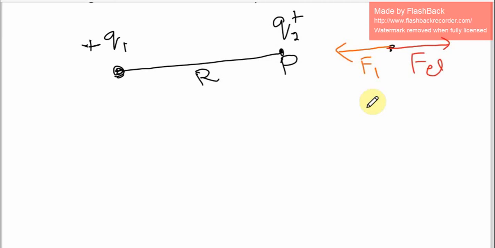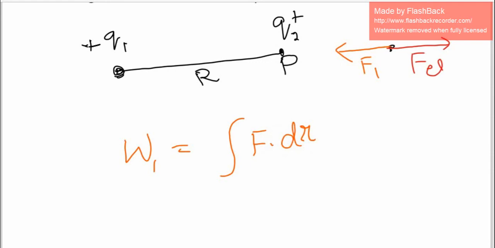Now the work I do is calculated by an integral. Let's say W1 is the integral of force times dr, the position vector.